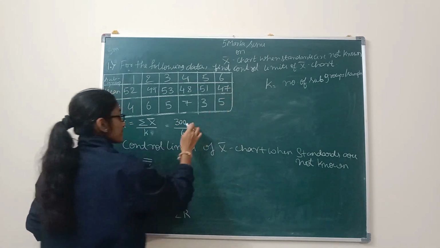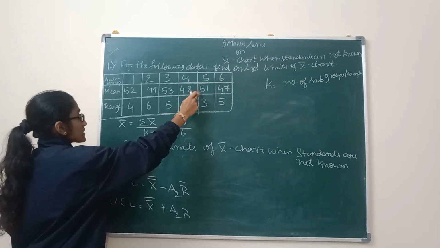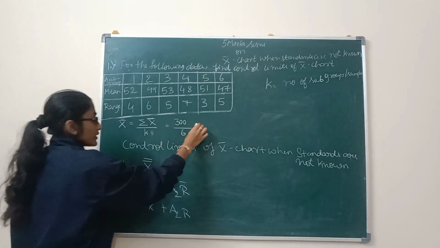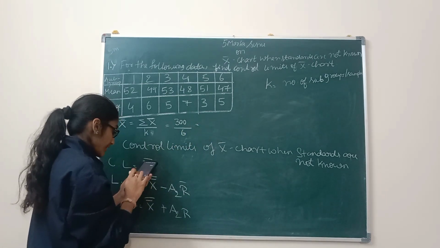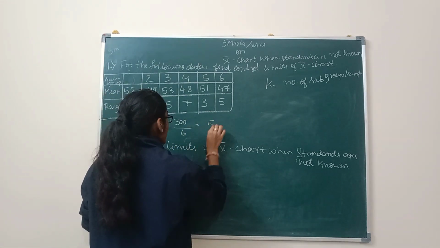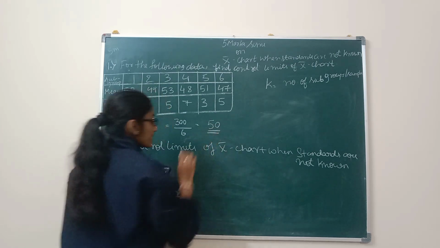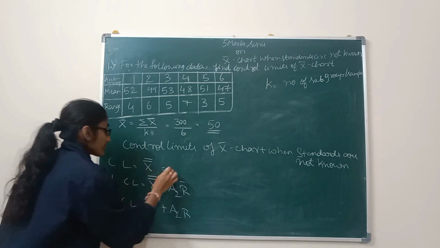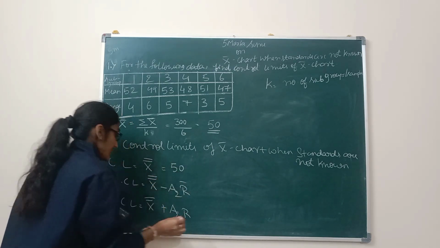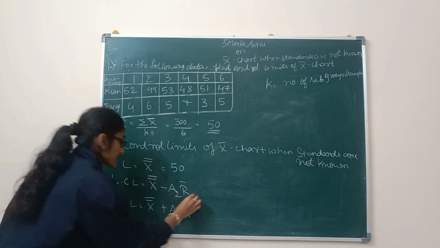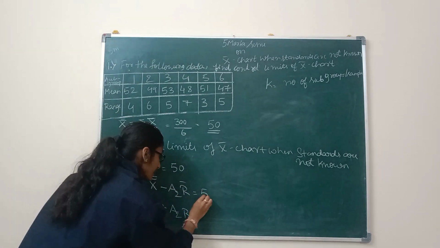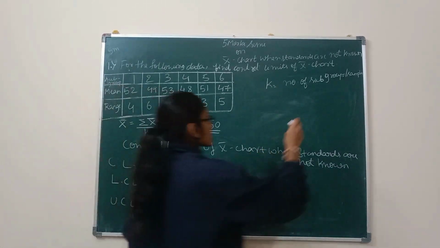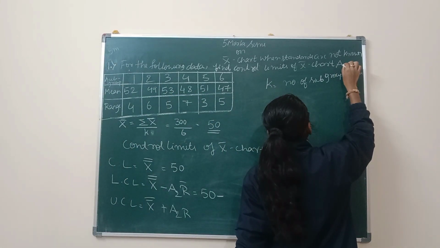So total of summation of mean is equal to 300. When we divide 300 by 6, we get the X double bar value as 50. Now we have got X double bar value as 50. Next, let me substitute for LCL. So 50 minus. Now, in this question, they have already given the A2 value.